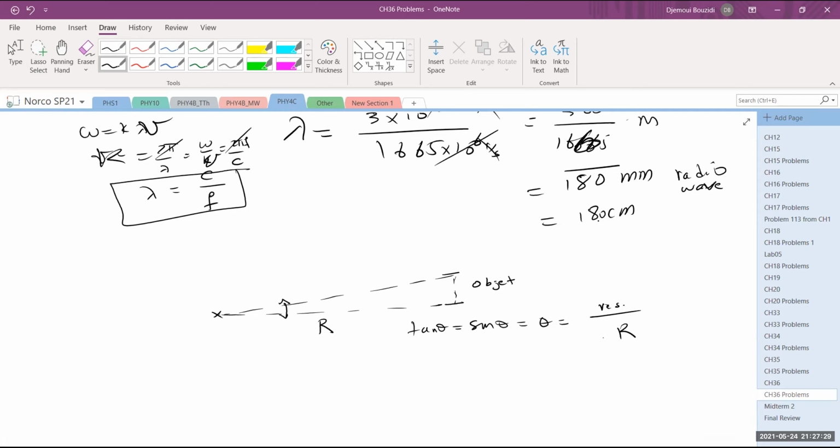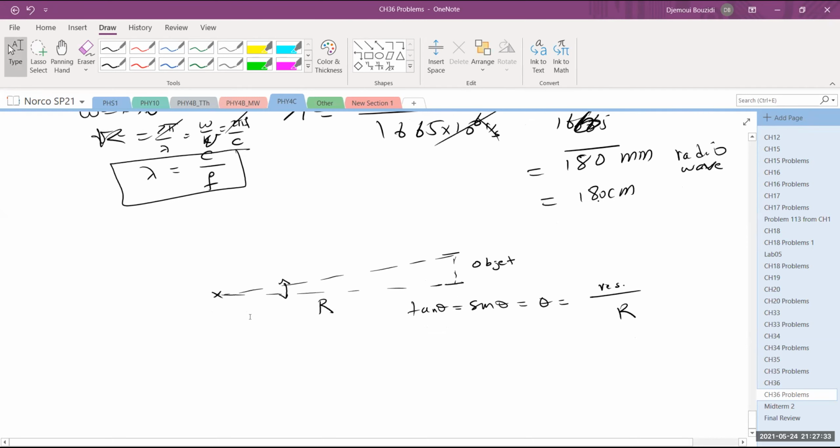We want R, but we also know another thing. In order to have a resolution, this is basically the sharpness of the image. The first dark ring, according to the Rayleigh criterion, is given by D sine theta equals 1.22 lambda.